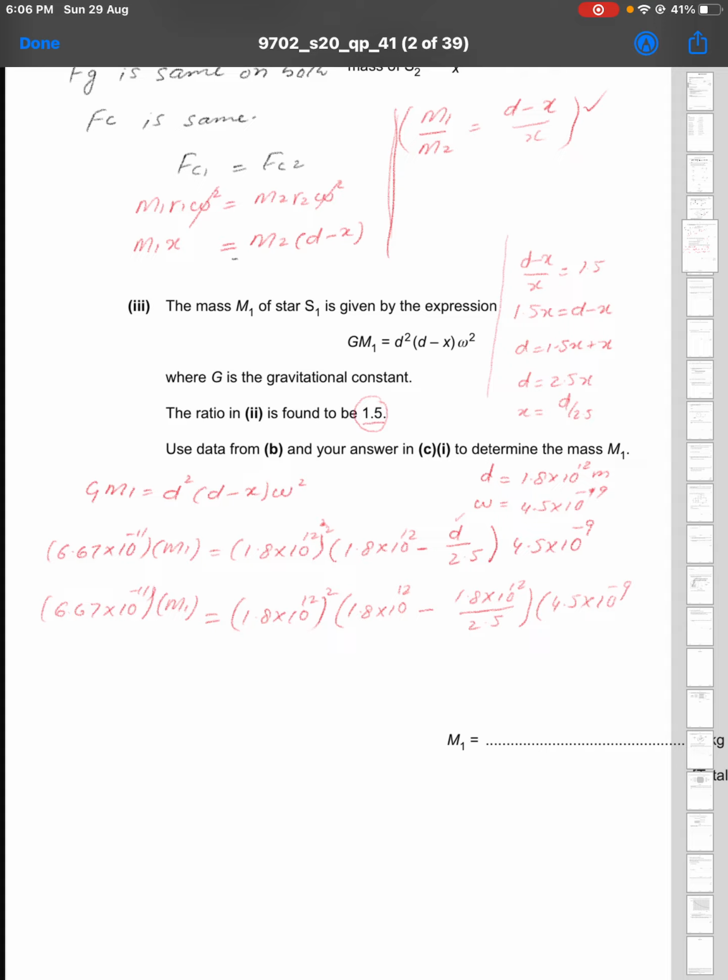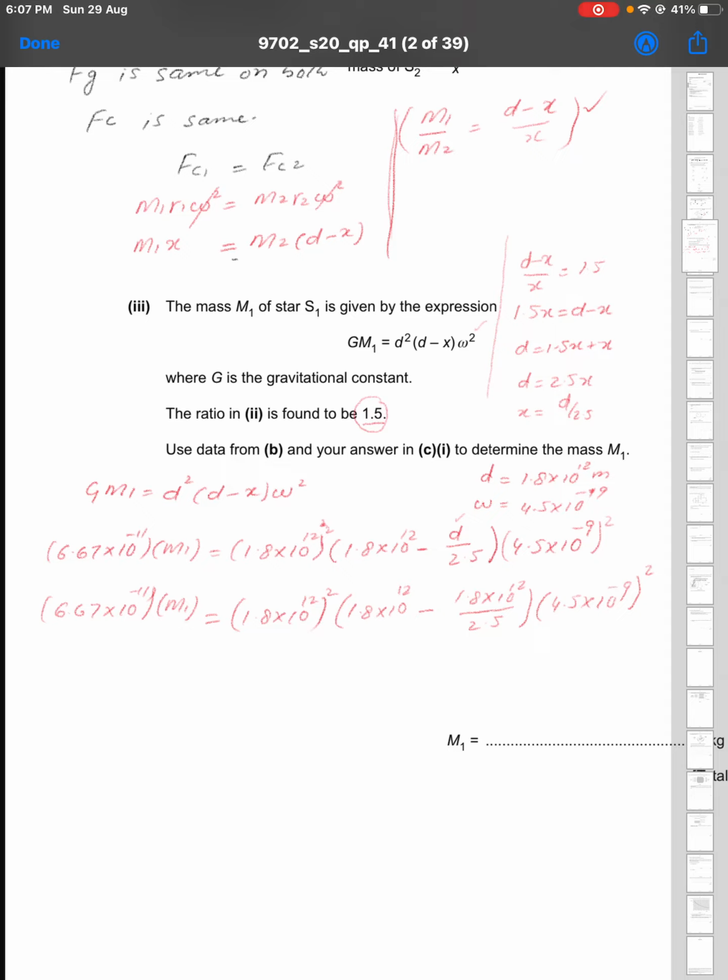Oh sorry, I made one mistake. Here it is omega square, so I have to place the square here. When you solve this equation with the help of a calculator, then obviously you will get the answer.